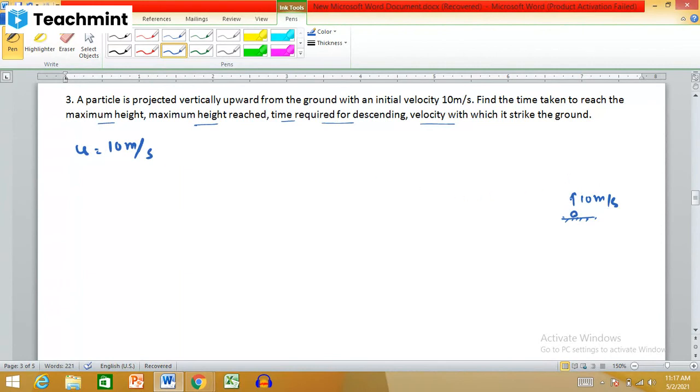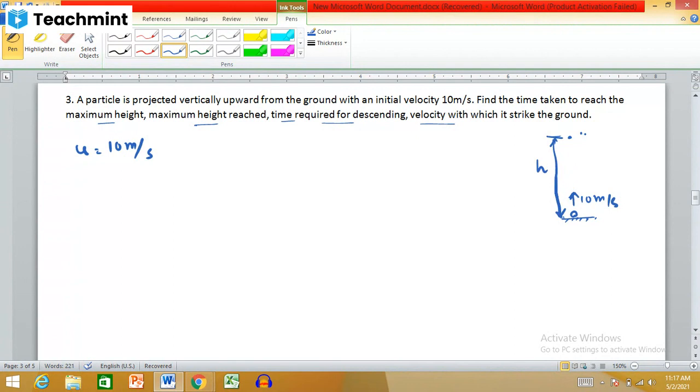Then what happened? It moved to a height, suppose that is h. At that point, it will be at rest for a small instant of time.